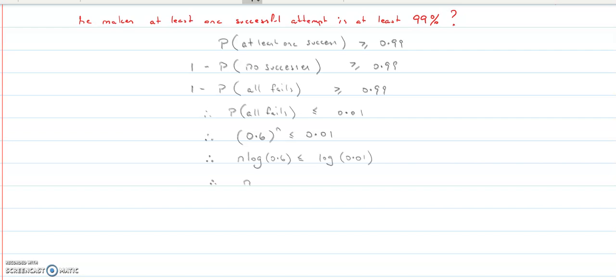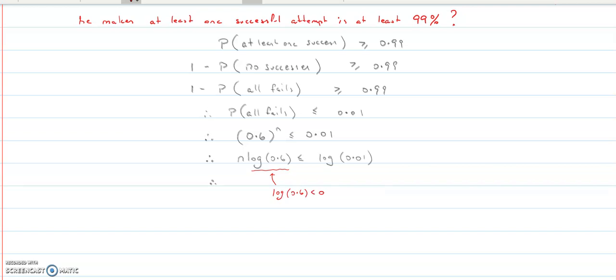Now we're going to divide by log 0.6, but beware, this is a negative value. I'm going to highlight this because this is a potential trap. Log of 0.6 is less than 0.